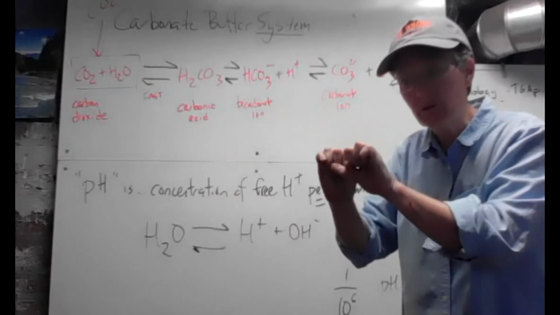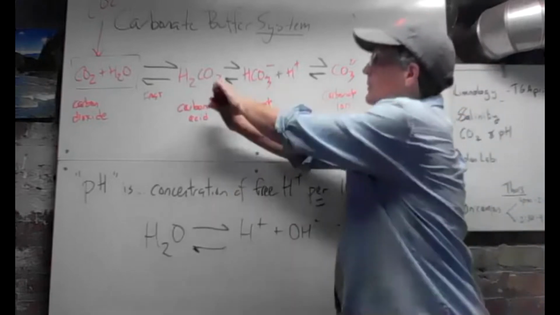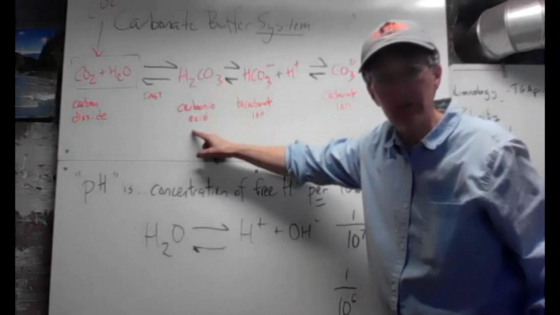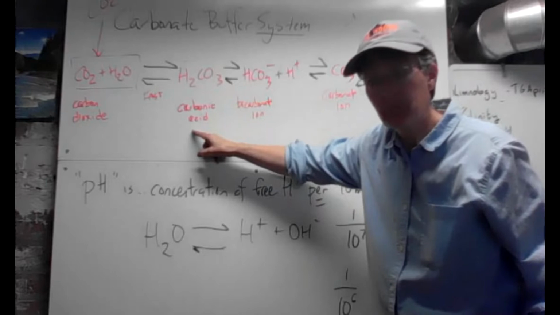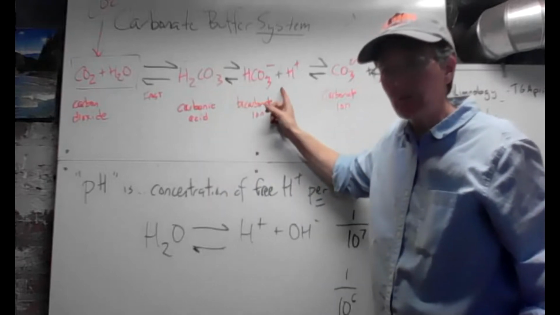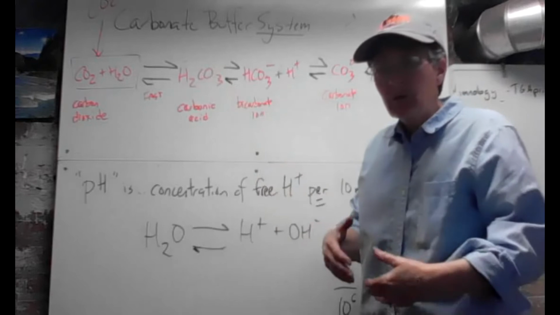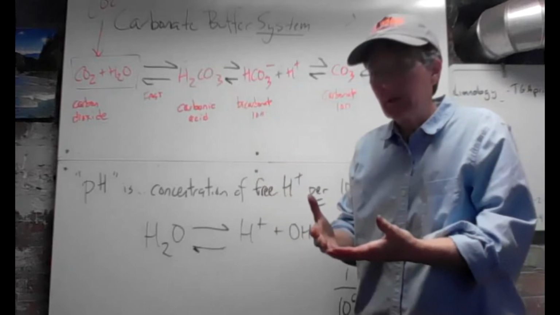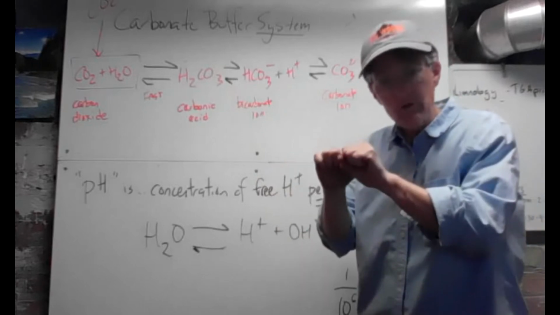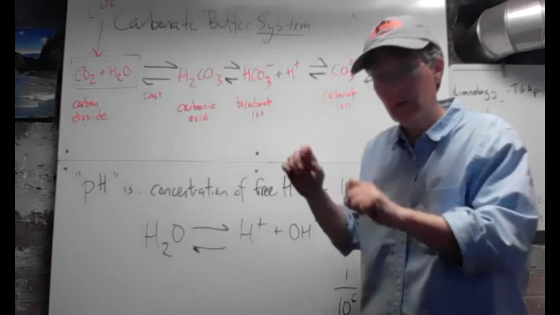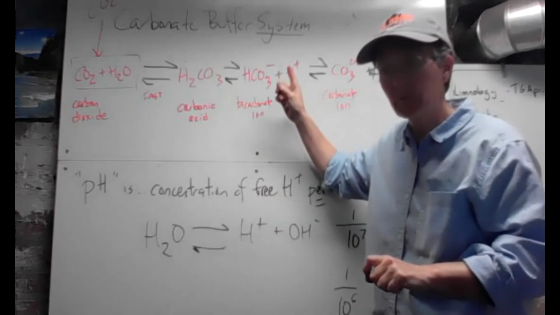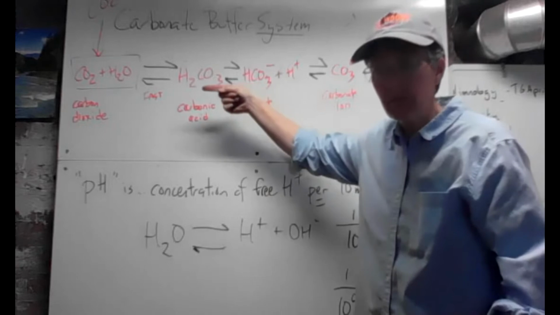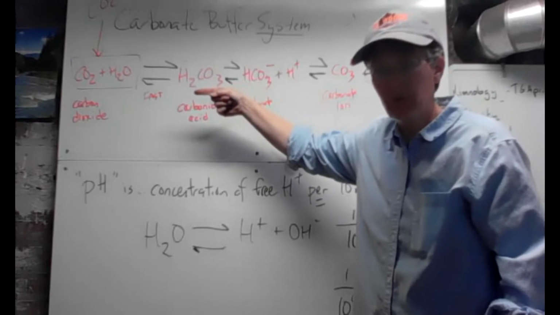And now you've got carbonic acid. The higher the concentration of protons, the more frequently those interactions are going to happen. If the concentration of protons goes up, the rate of this reaction will increase.